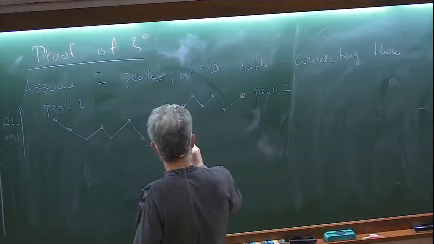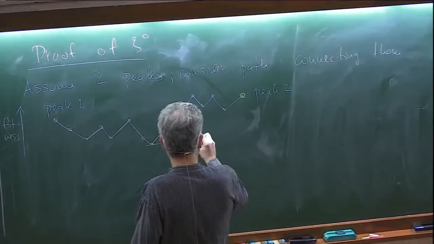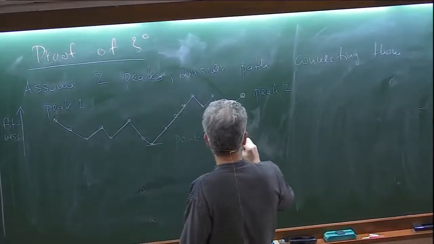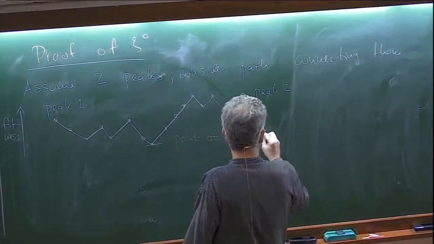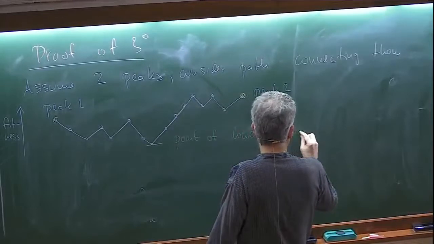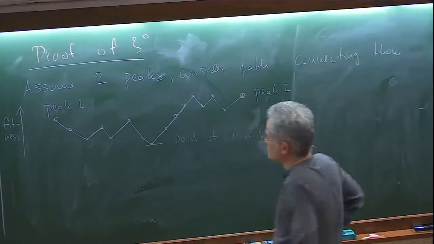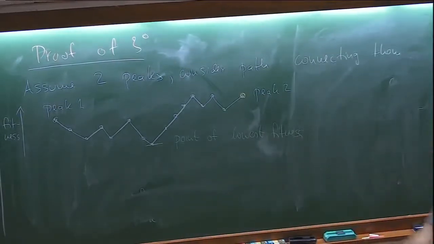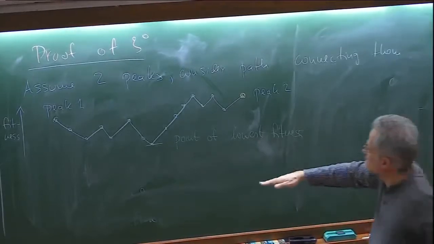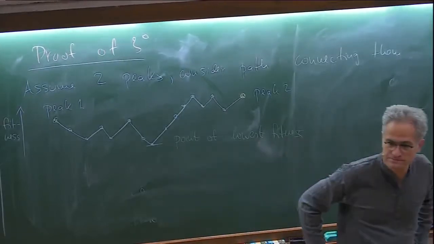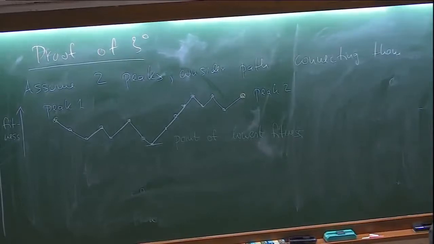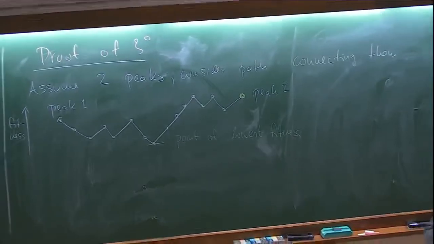Okay, so this is the point of lowest fitness. Okay. So now there are many such paths. Each of these paths has a point of lowest fitness. Okay. Now, out of all these paths, I pick the one where the point of lowest fitness is highest. Okay, there must be such a path. There's a finite number of paths.